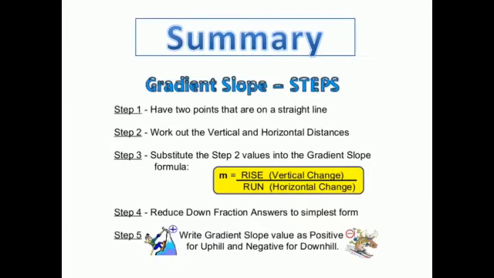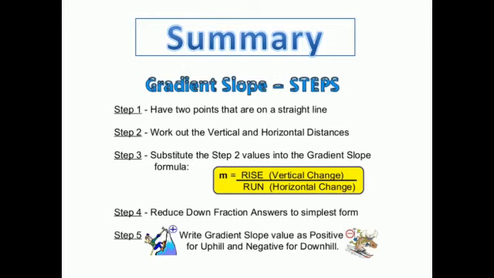Okay, today we discussed the gradient, 2 methods: finding gradient by using the graph and using 2 points. You have to follow some steps. Pick two points on the straight line. Work out the vertical and horizontal distance, the y value and x value.